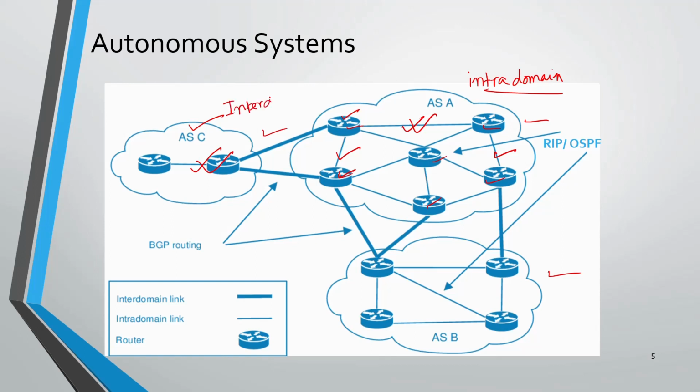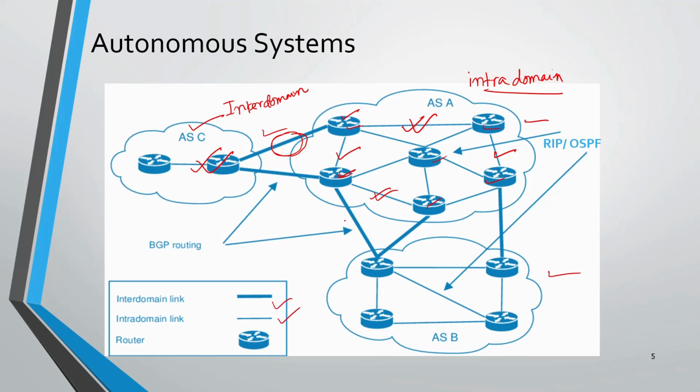So basically we will cover only the intra-domain part, and the heavy lines are drawn to denote the inter-domain connections, and these lighter lines indicate connections between the routers.